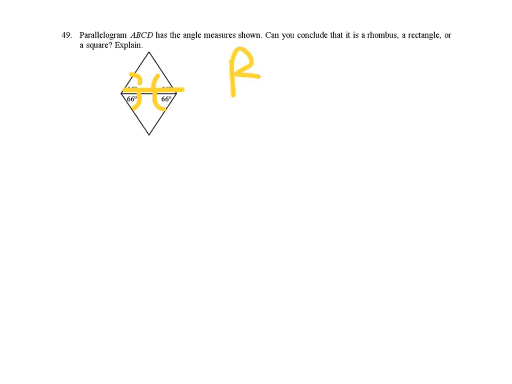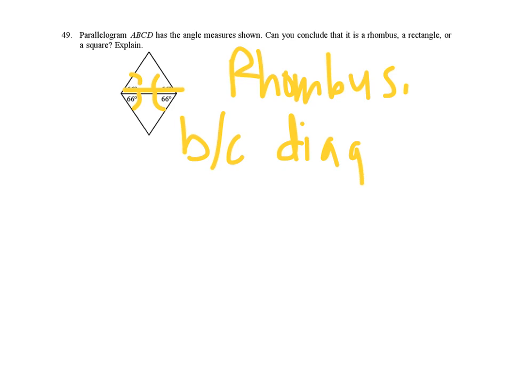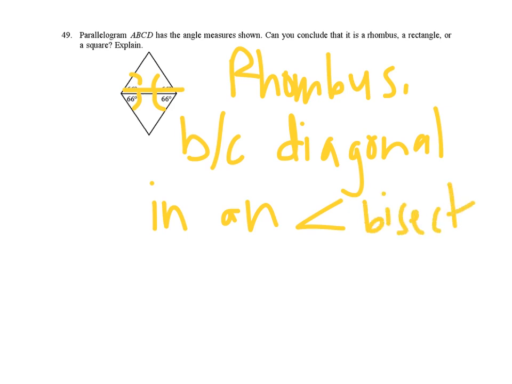So this one's a rhombus. And my reason is going to be because the diagonal is an angle bisector. So that shape is a rhombus.